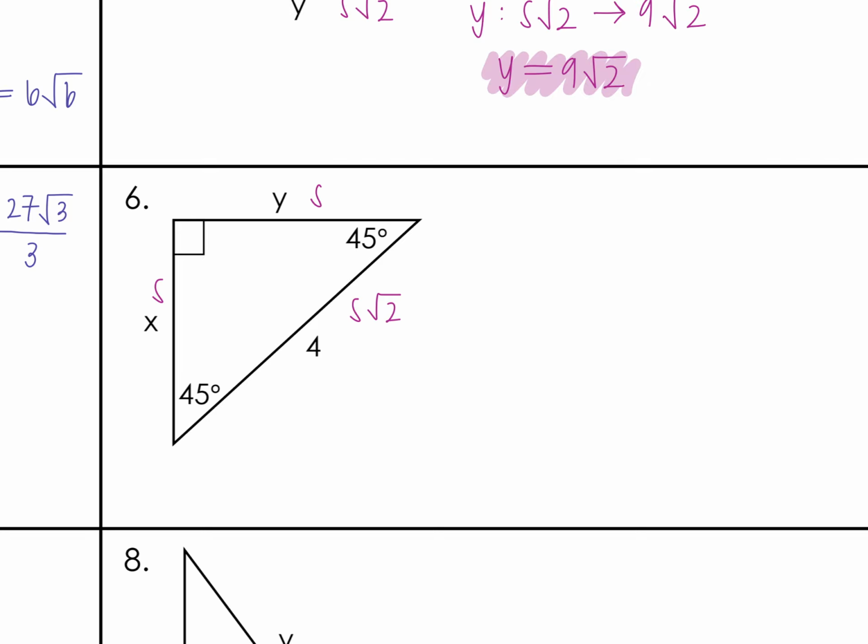But we are going to start off by setting that s root 2 equal to 4 and solving for our s. So I'm going to start off by dividing both sides by that root 2. And we're going to be able to cancel it out here. But on the other side, now that we have the radical in the denominator, I'm going to need to rationalize. So I'm going to multiply to the top and to the bottom that root 2.